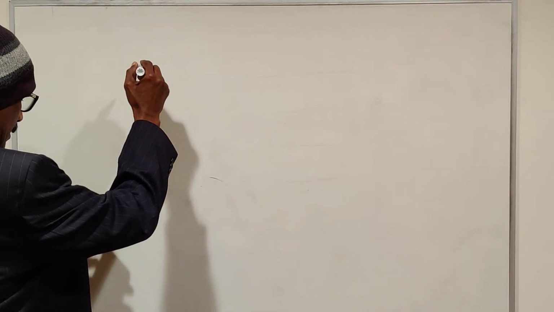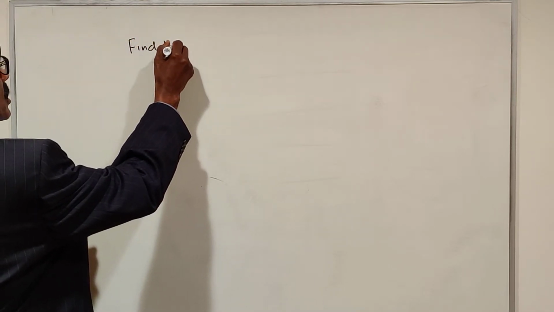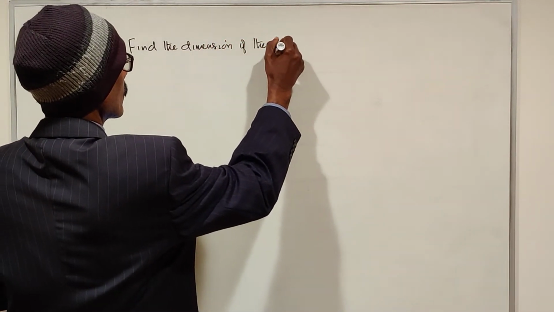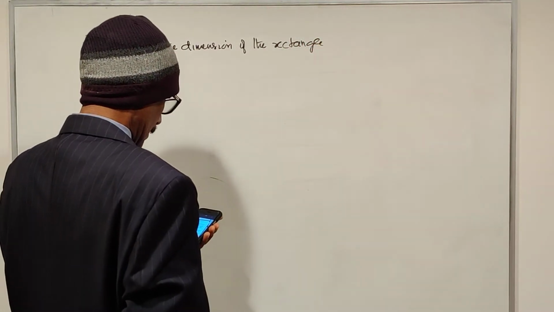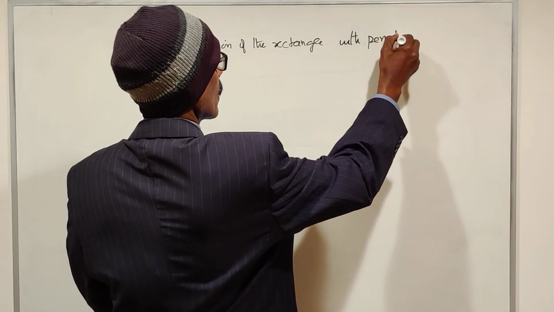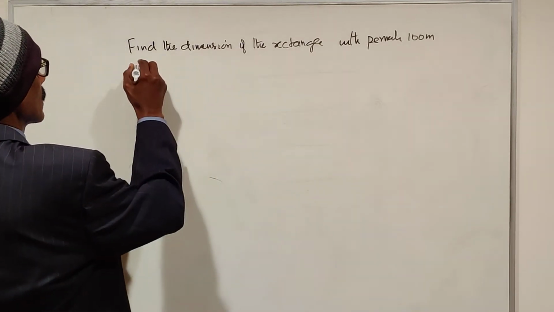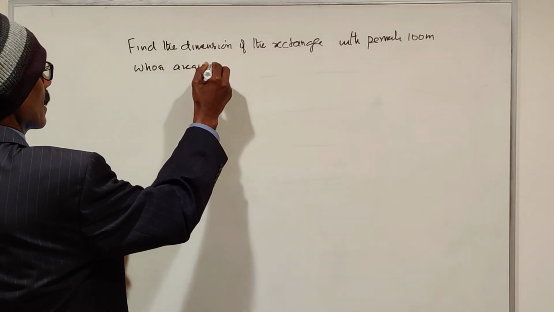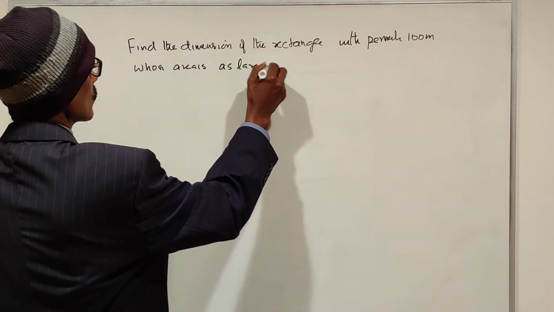Find the dimension of the rectangle. We need to find the length and breadth with a perimeter of 100 meters, whose area is as large as possible.